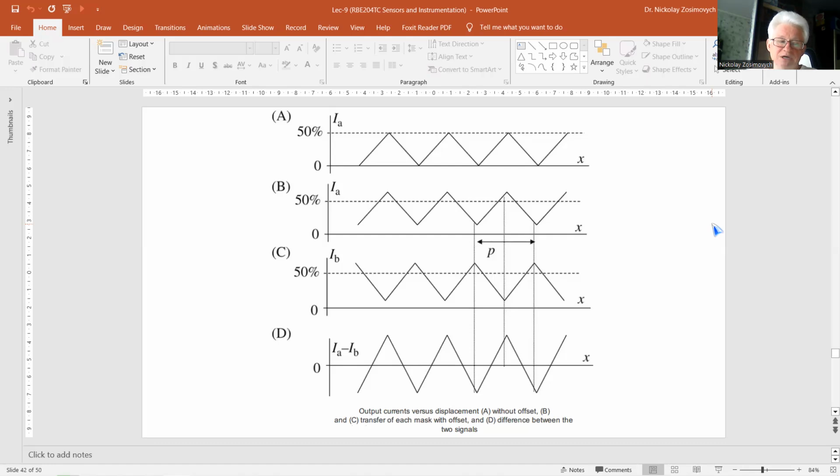Adding a second moving grating and sensor offers some improvement.